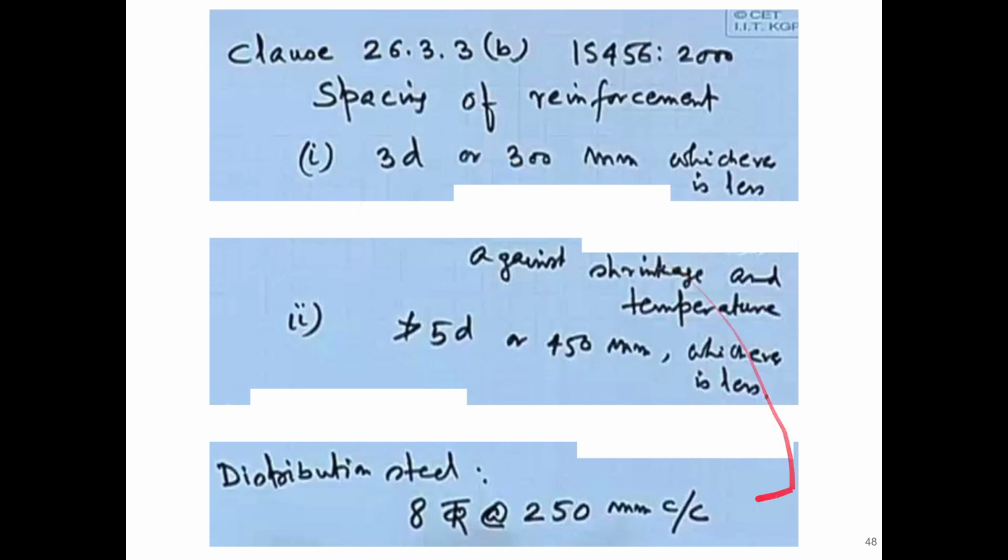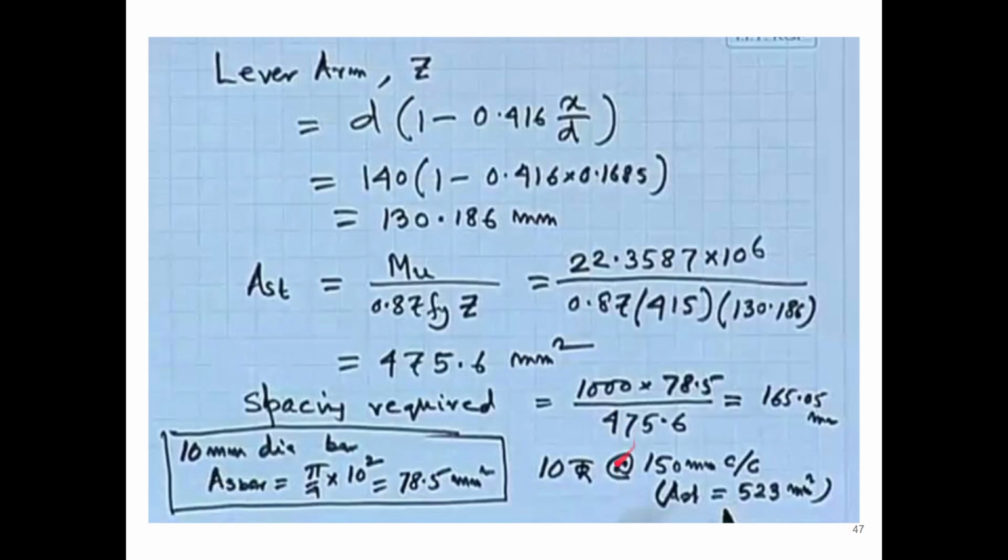So we take all these factors into account, and we can take any value less than that value. Lesser spacing is better for steel carrying capacity, but it should not be uneconomical, because cost will also be high as more steel is required. That's why we take the minimum value as the maximum value.